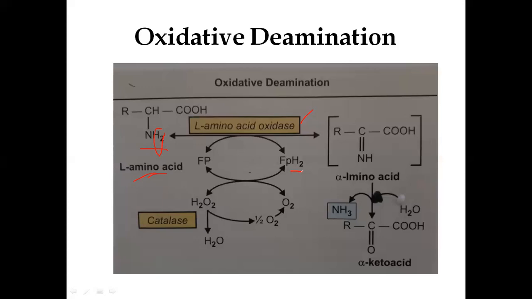We know that it is reoxidizable in the presence of oxygen. So in the presence of oxygen, this H2 will combine with the oxygen, and it results in the formation of H2O2.